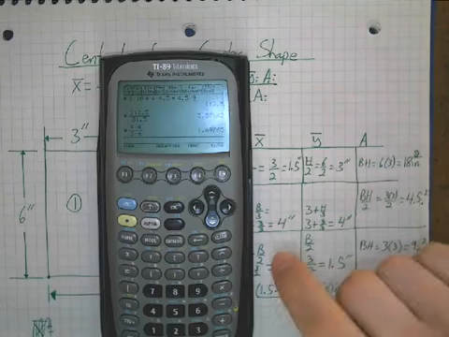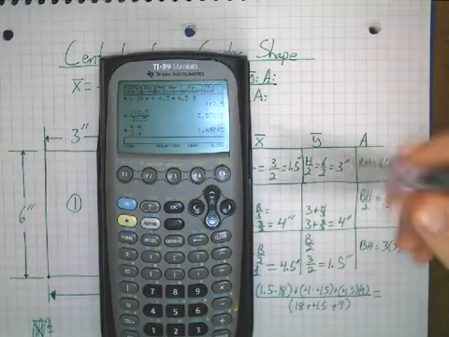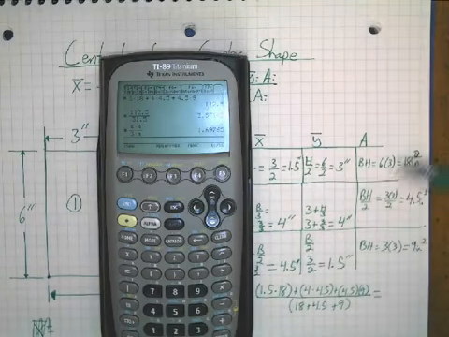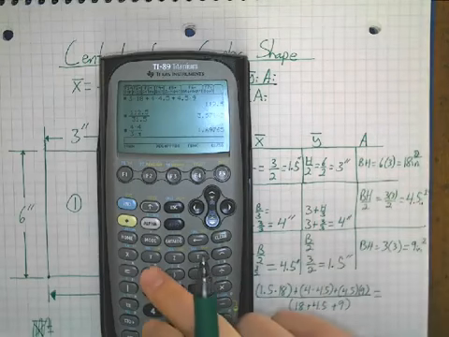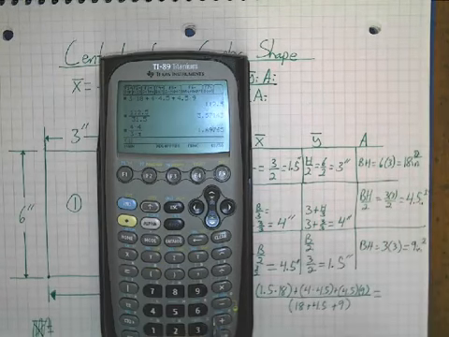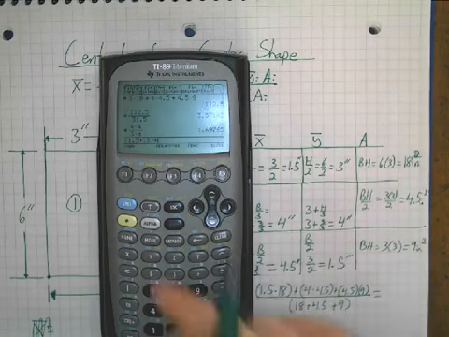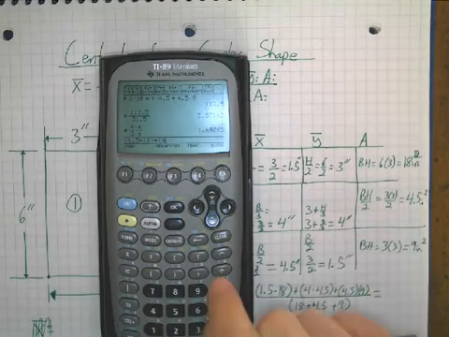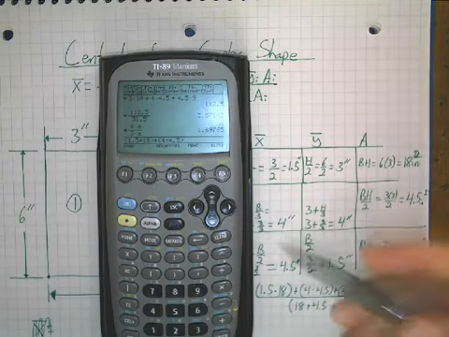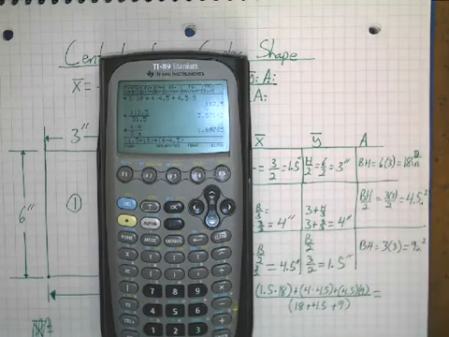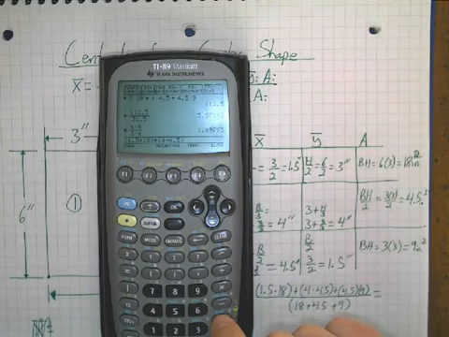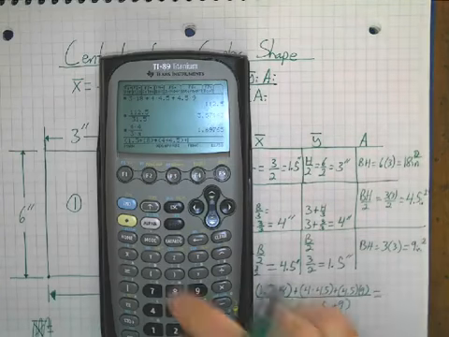So with my calculator, it's kind of nice because I can use my numbers easily. So I'm going to do 1.5 times 18 plus 4 times 4.5. I know that order of operations should work out this way, but with calculators sometimes it's kind of funky. So we're just going to make sure we're using parentheses properly.